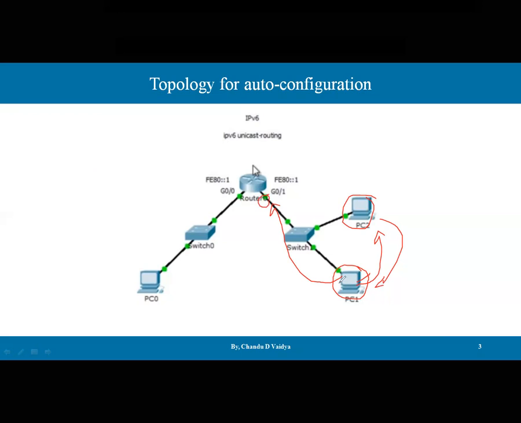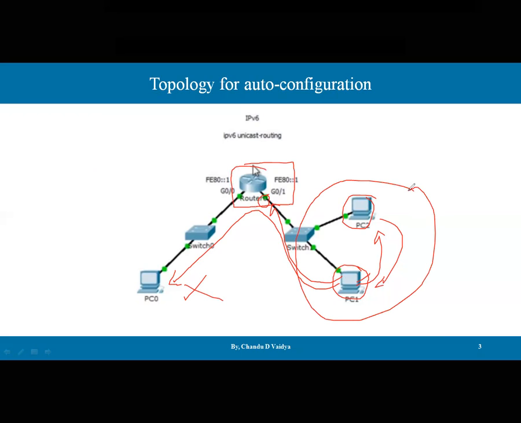But if you want to ping from this via this, it will not be allowed, because we have to set the global unicast address over here. As I told you, the link local address is only visible and permitted within this local network. It is not going to be available over here unless we set this global unicast address. So this topology we are going to demonstrate in the next video lecture.